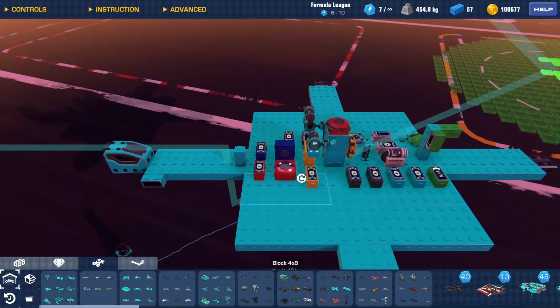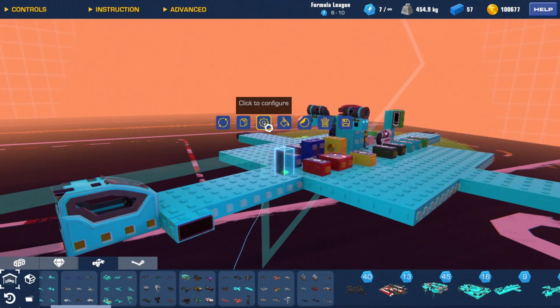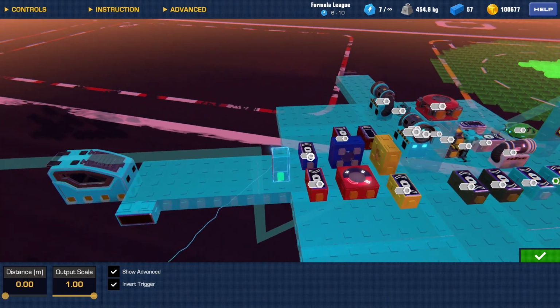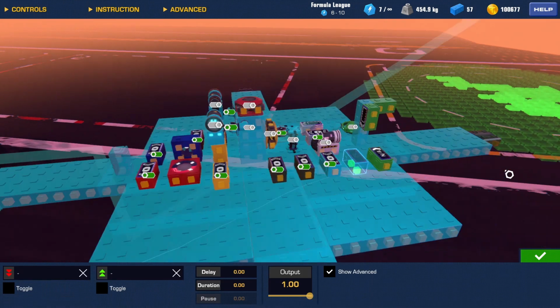So, starting from the front, I have a distance sensor that is always on. It gives a constant output, and it feeds into this XOR gate. This XOR gate basically activates everything.